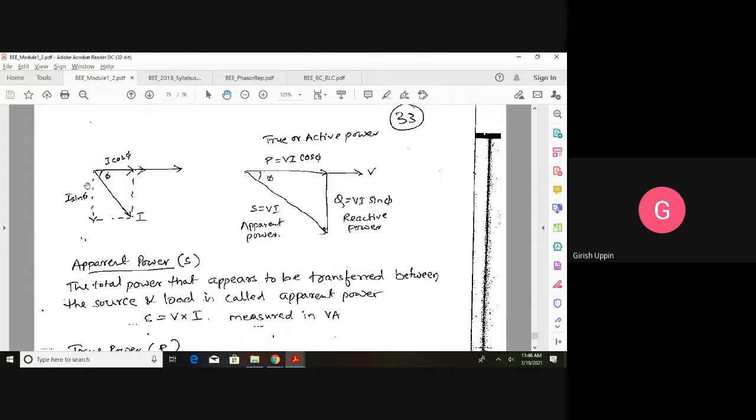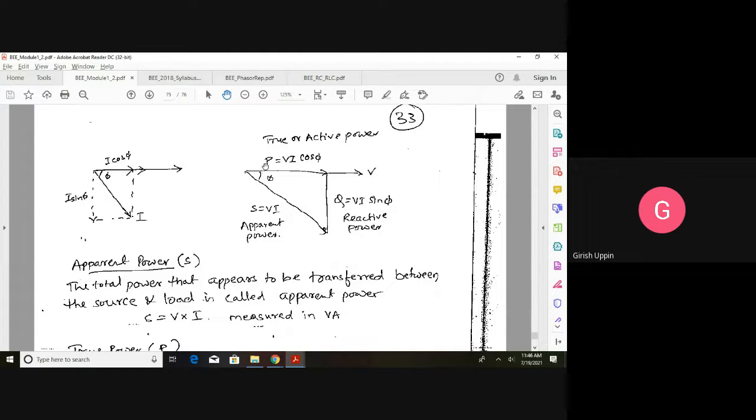So this is VI cos phi, this is VI sin phi, and the hypotenuse is VI. This is called a power triangle, where P equal to VI cos phi is the active power or true power, Q equal to VI sin phi is the reactive power, and V into I is the apparent power.